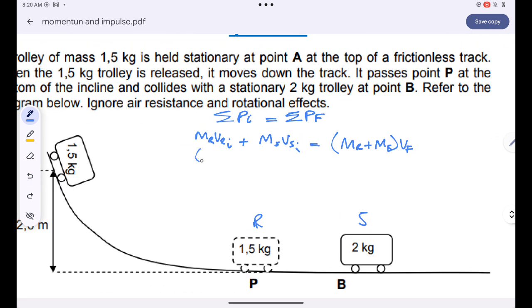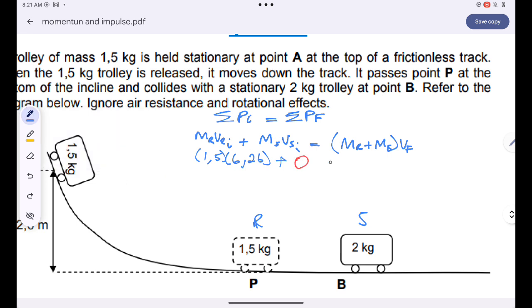I know that the mass is 1.5 kilograms and the velocity we got is 6.26. The 2 kg trolley, trolley S, was stationary, which simply means that its velocity was 0. When the velocity is 0, momentum is also 0.